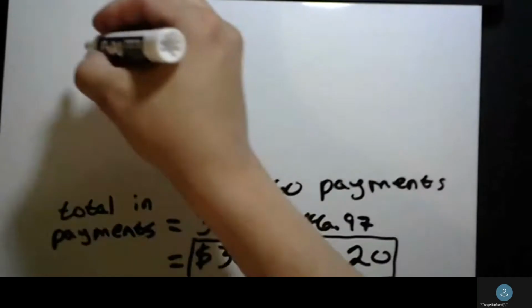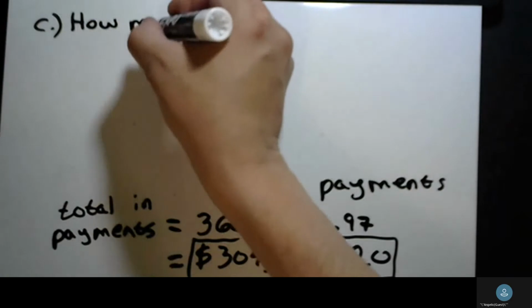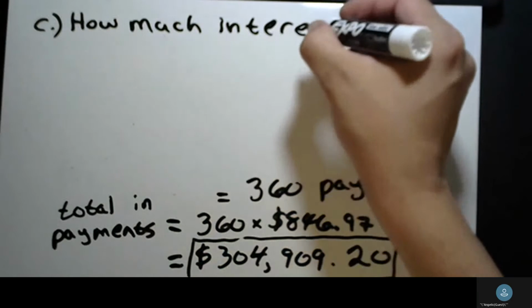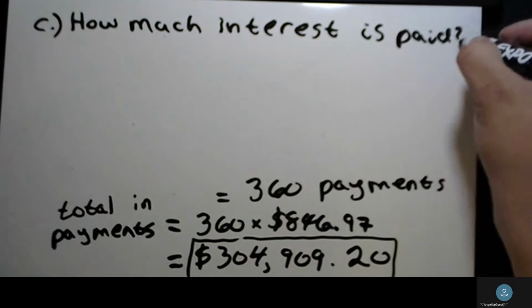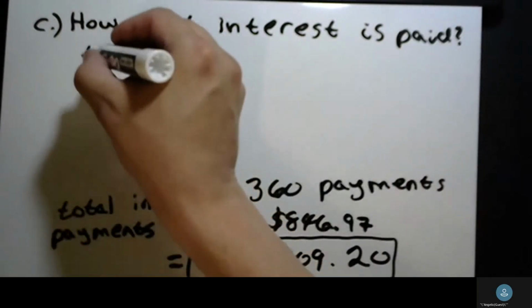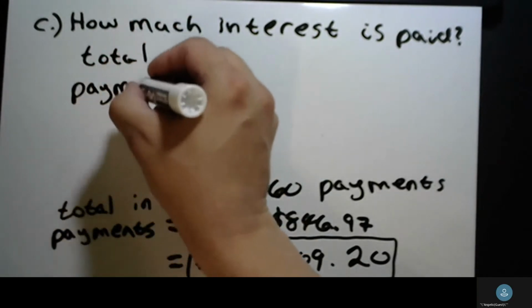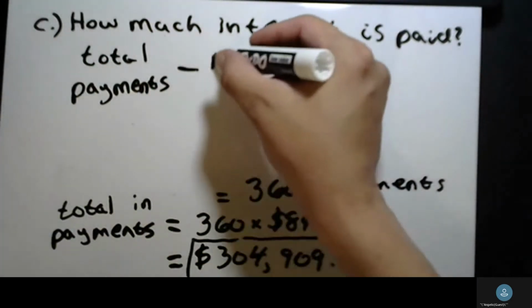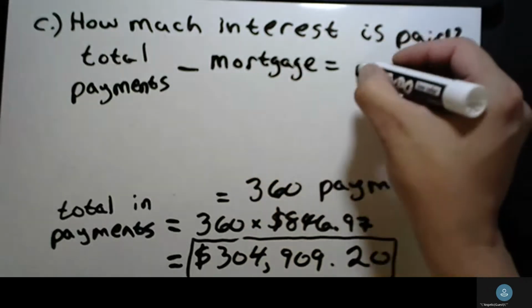So finally, how much interest is paid? Well, what we do is we take total payments minus the mortgage to get the interest.